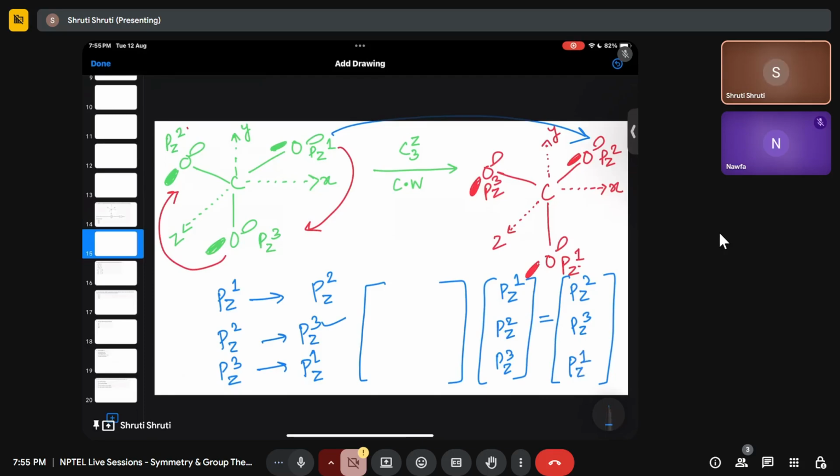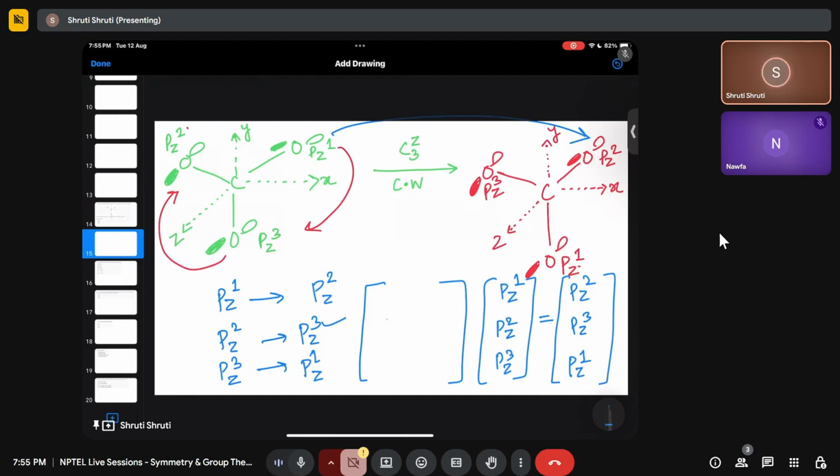Okay, but here there is no mixing, so two orbitals will not add up to give this. 1 has become 2, 2 has become 3. It's not like in place of 1 we have a linear combination of 2 and 3 and 1. It's not like that. So a single orbital has got transformed.